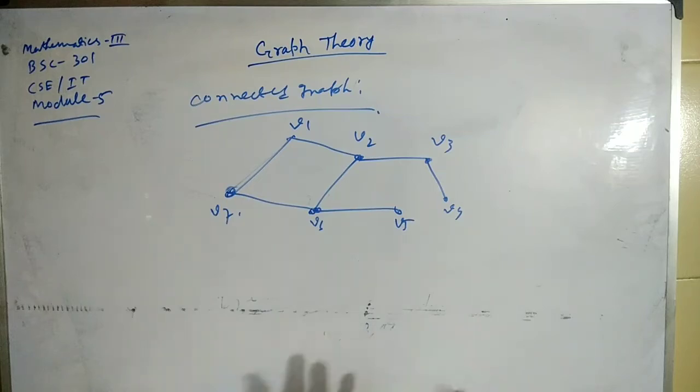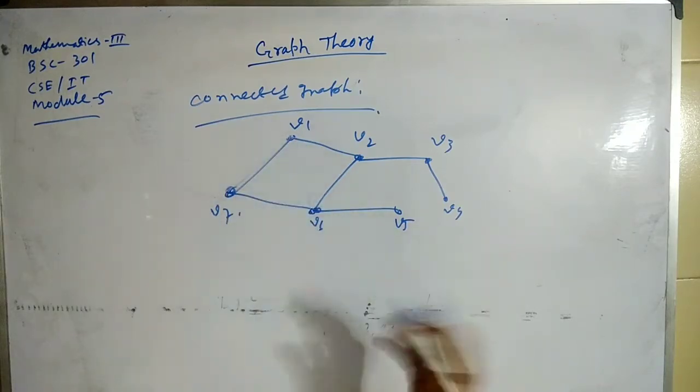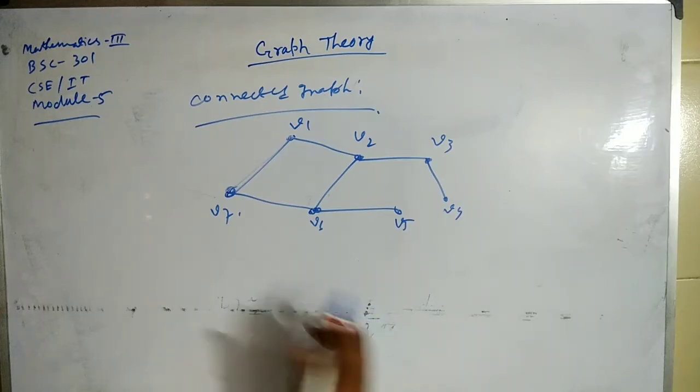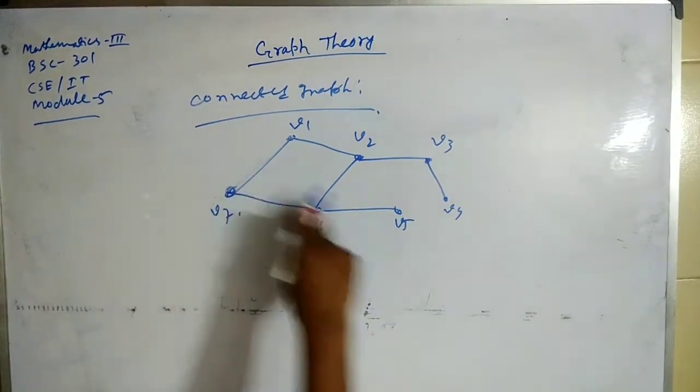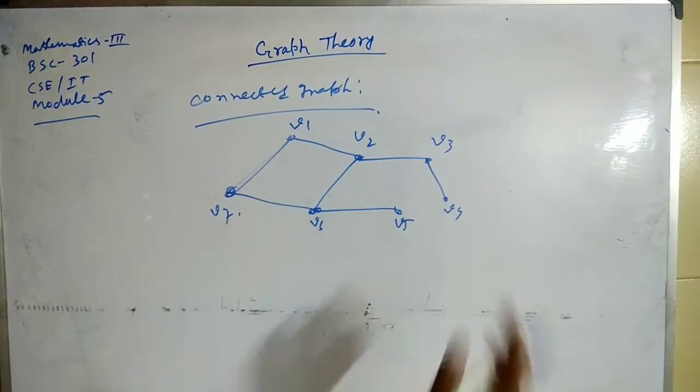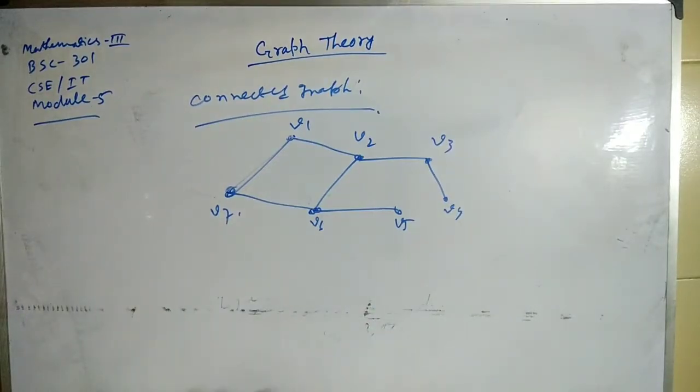You can't tell me the name of two vertices from which you cannot go to another vertex. From v1 to v5, you can go. From v1 to v4, you will find a path. So this graph is connected.